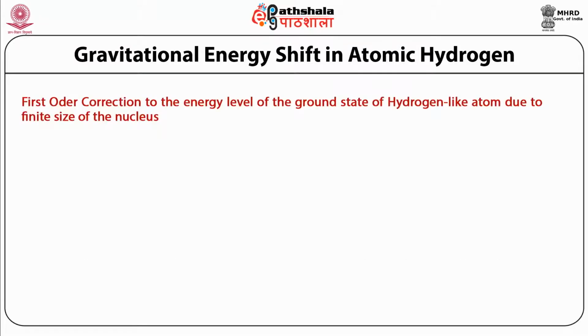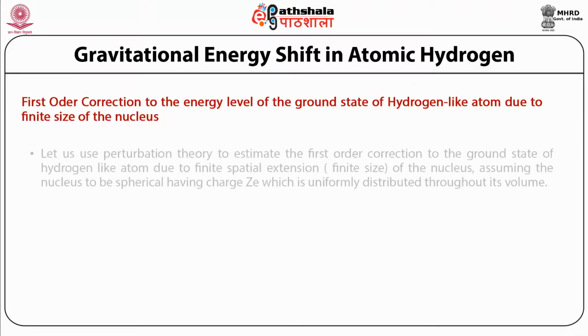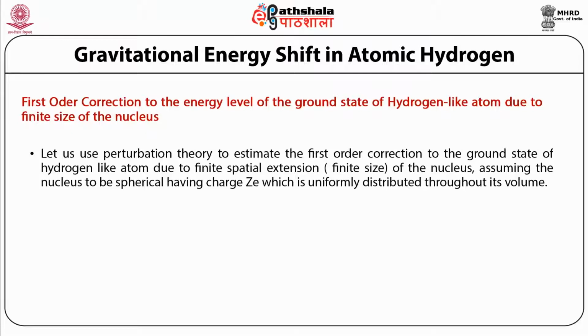First order correction to the energy level of the ground state of a hydrogen-like atom due to finite size of the nucleus. Let us use perturbation theory to estimate the first order correction to the ground state energy of a hydrogen-like atom due to the finite spatial extension, that is finite size, of the nucleus, assuming the nucleus to be spherical having charge Ze, which is uniformly distributed throughout its volume.